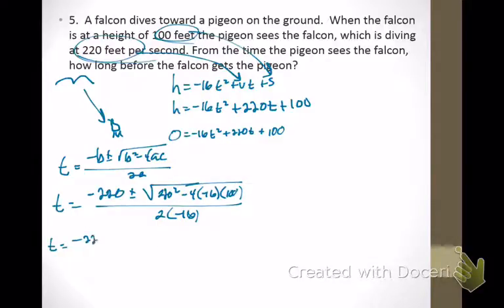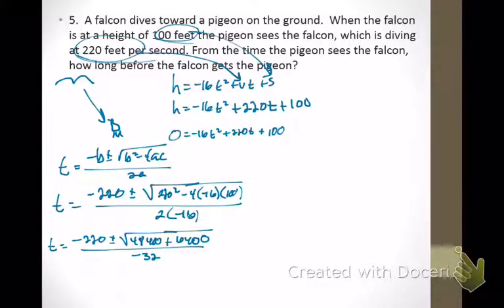So we get negative 220 plus or minus. Now we're just simplifying. The square root of 48,000 plus 4 times 16 times 100, which is 6,400, all over negative 32.